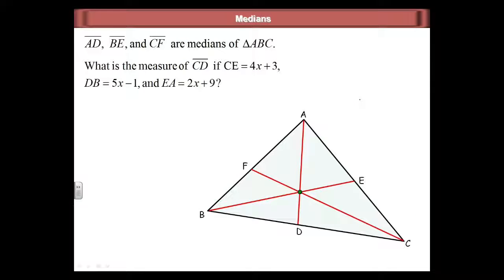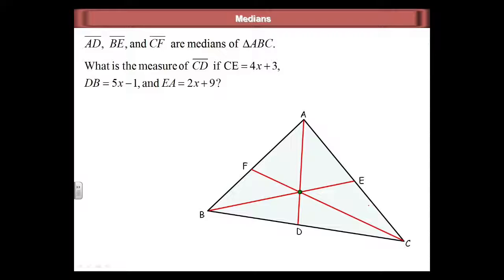Here's another example that's a little bit more complex. AD, BE, and CF are medians of triangle ABC. What is the measure of segment CD? If CE is 4x plus 3 and DB is equal to 5x minus 1 and EA is equal to 2x plus 9. Well, it's important to realize that AD, BE, and CF are medians, but CE, DB, and EA are on the outside.